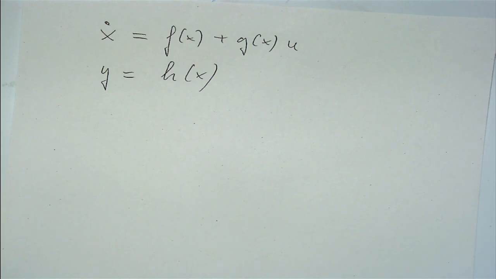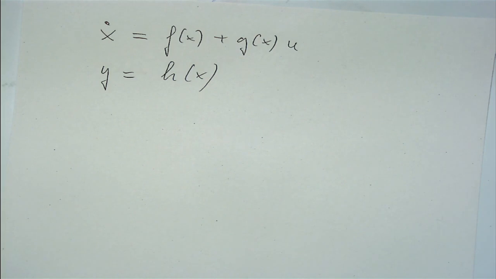As a German, I don't even know how to pronounce these things. What do we want to find in particular through these Lie derivatives? The relative degree. We want to find the relative degree of the system in relation to our output.